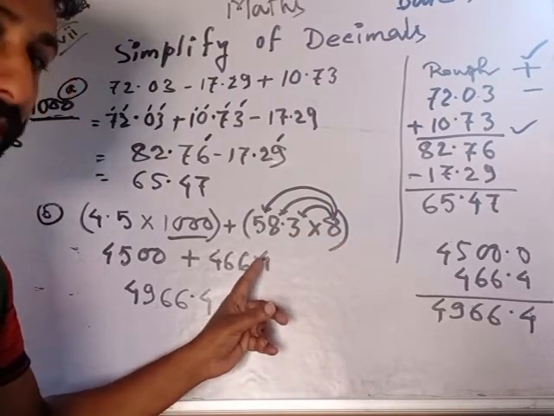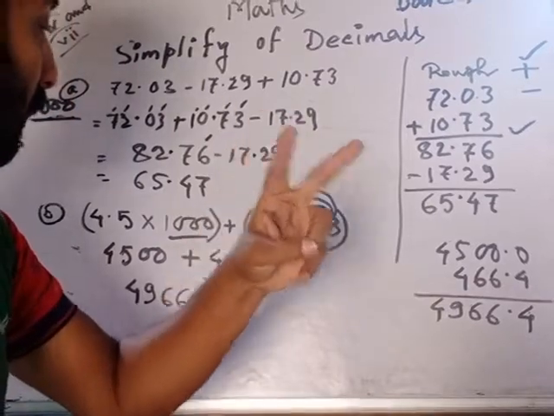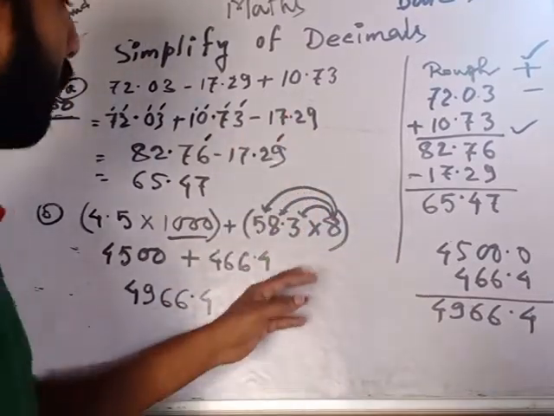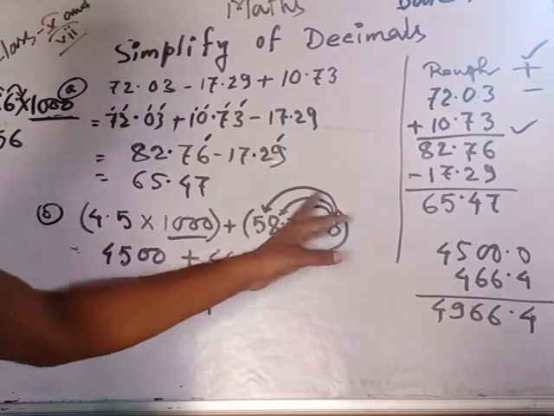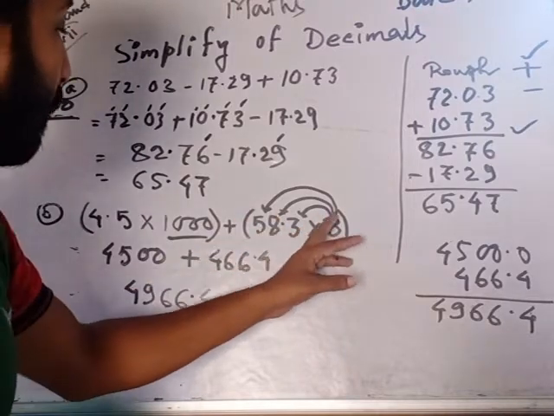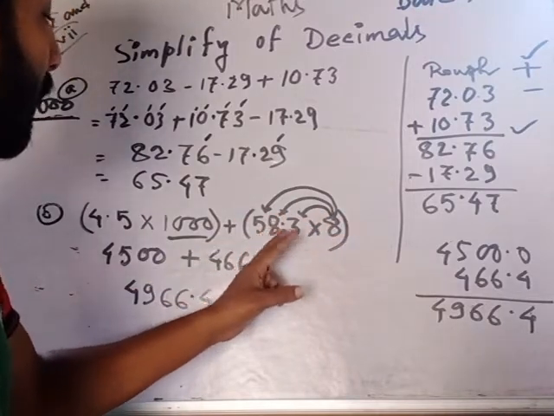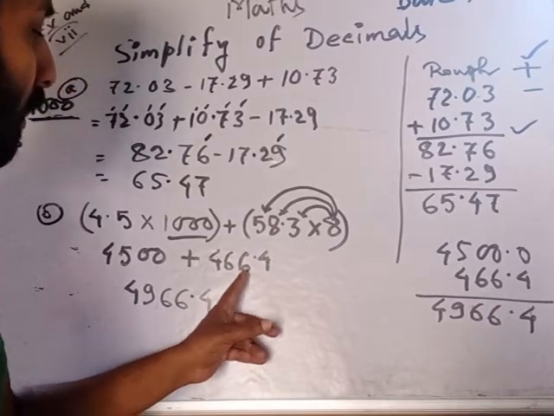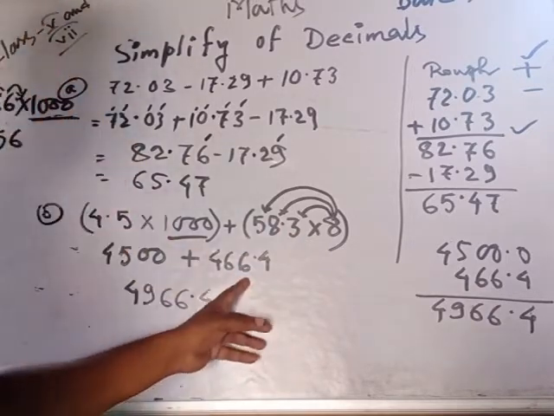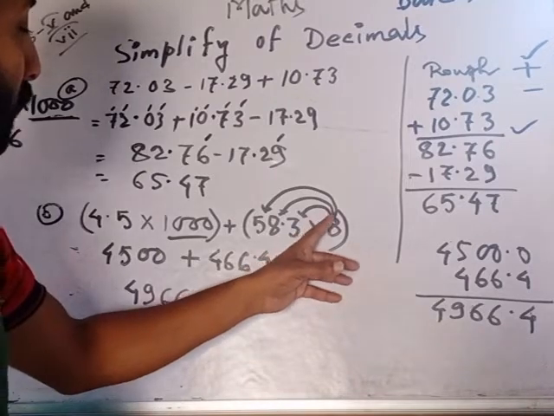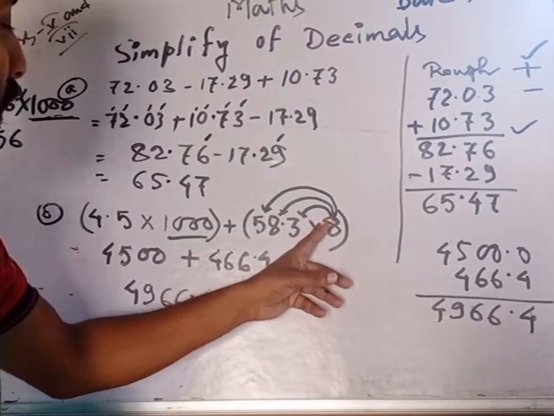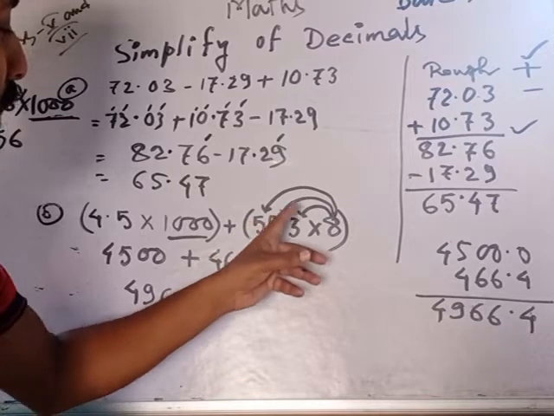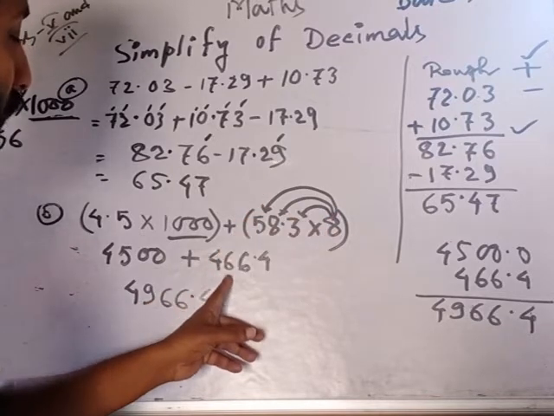So we write 4 here, and 2 goes as a carrying number. 2 carries to the next place. 8 eights are 64 plus 2, that is 66. So we write 6 here. After that 6 is the carrying number. After that 5 eights are 40 plus 6, that is 46.